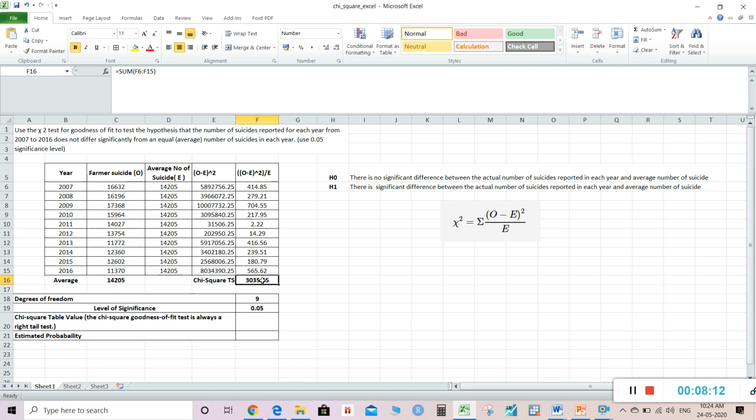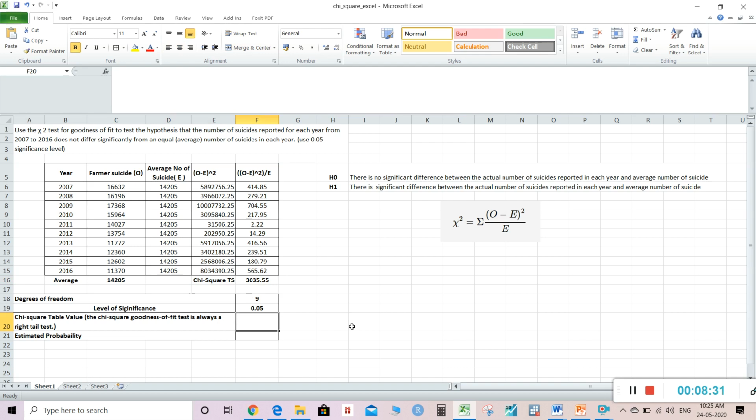And in general, you doubt the fitness of the distribution of sample and population. So that's the reason your chi-square test is always a right tail test.